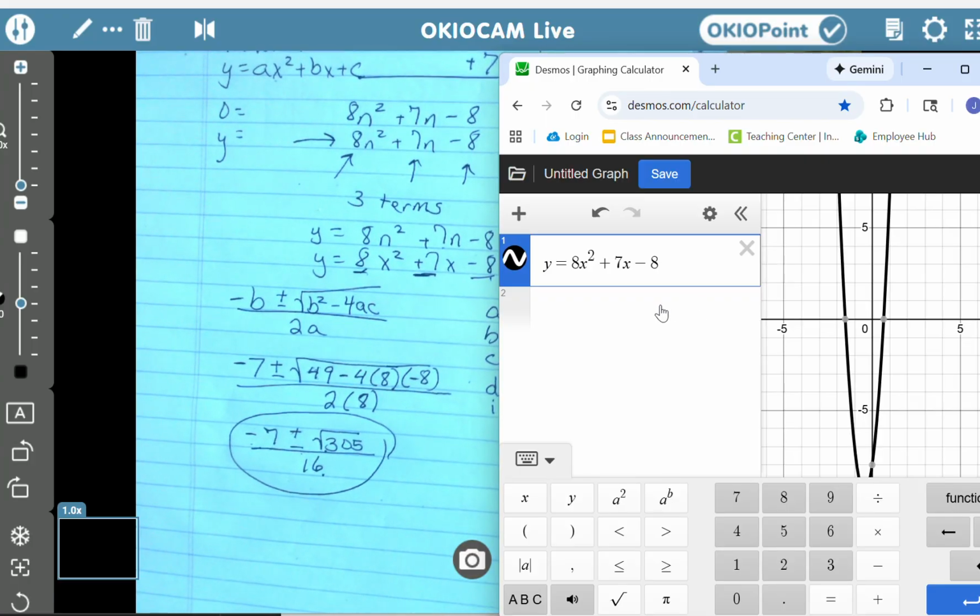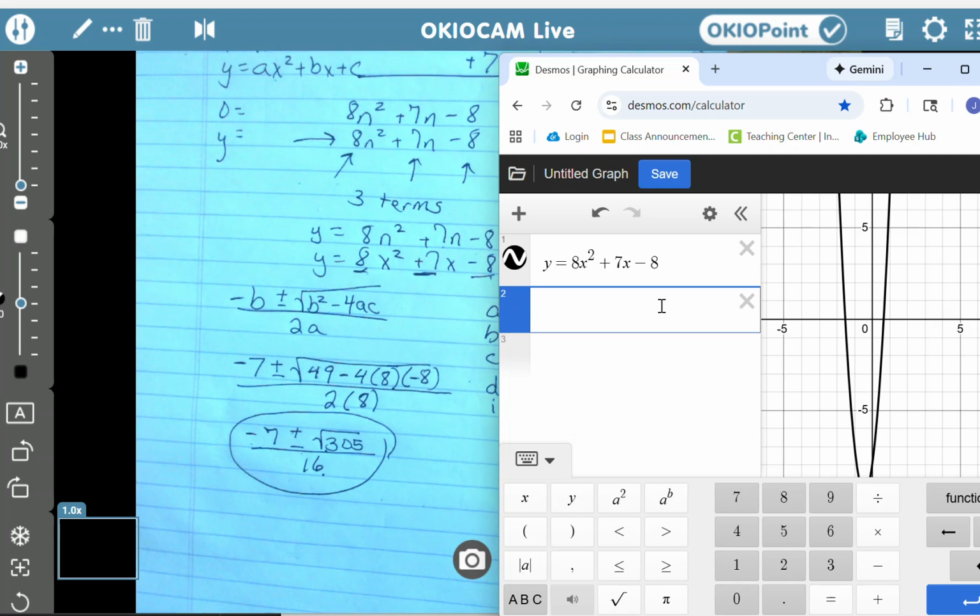If you want to check it, then you're going to type in negative 7. You cannot put in plus and minus at the same time. You got to put in one at a time. So I'm going to put negative 7 plus the square root of 305. And all of this is divided by 16. So I need to put parentheses around here. And then divide by 16. You see this value is 0.65?